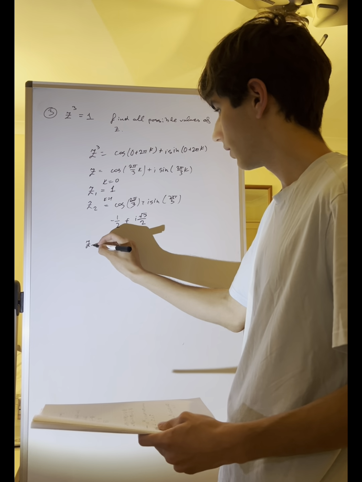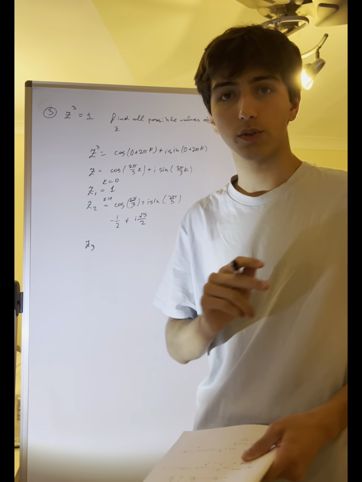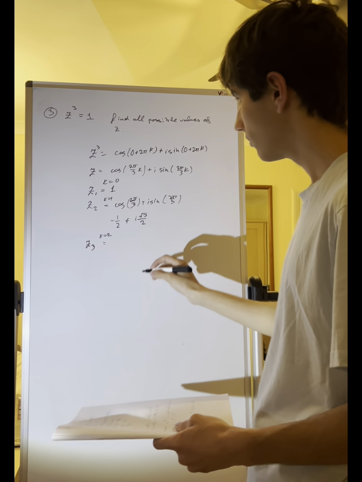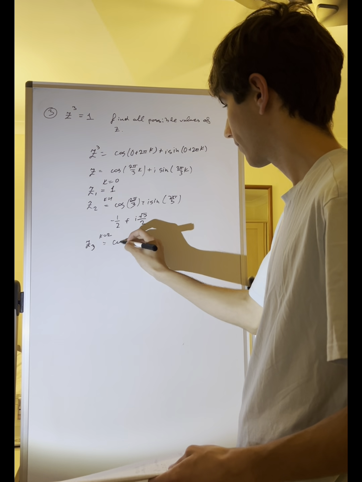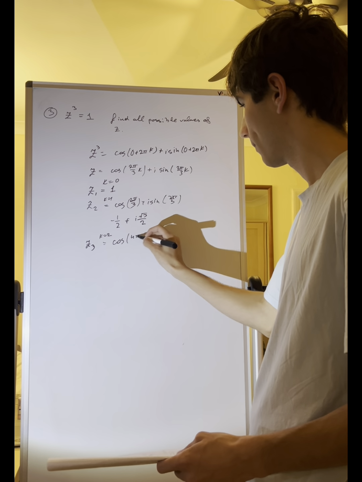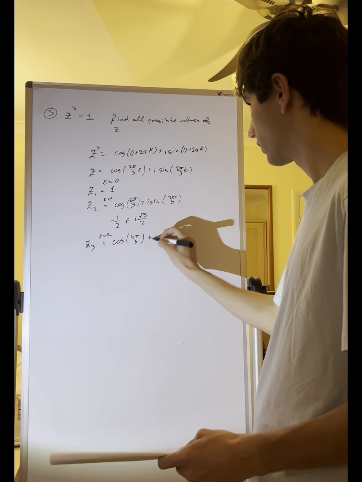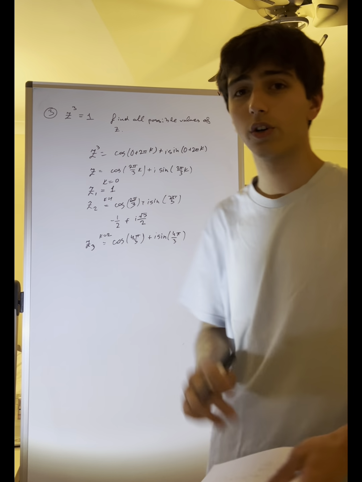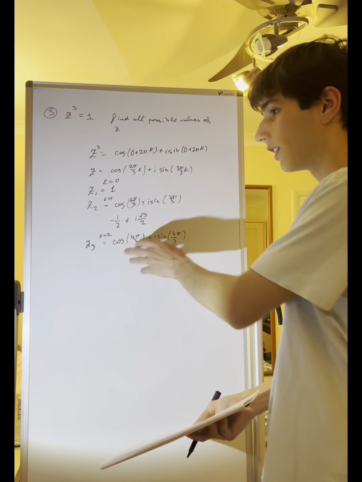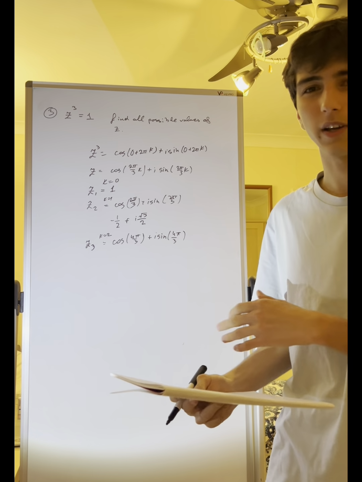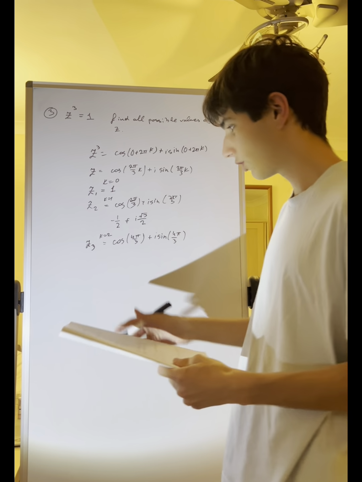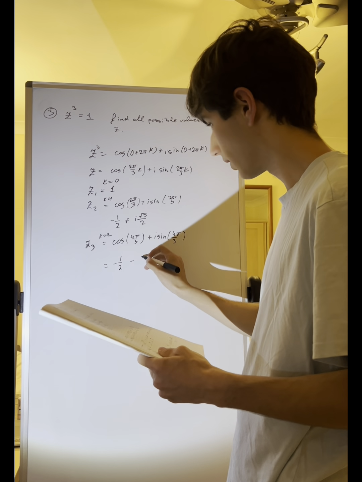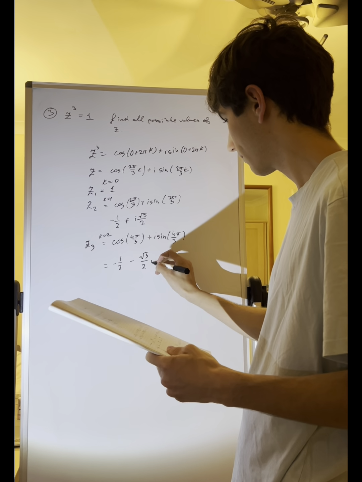And if we plug in k equals 2, this is going to give us cosine of 4 pi over 3 plus i sine 4 pi over 3. And of course you can draw the graphs and find the values of these by yourself. I'm just saving some time because I found these earlier. So this is going to give negative 1/2 minus root 3 over 2 i.